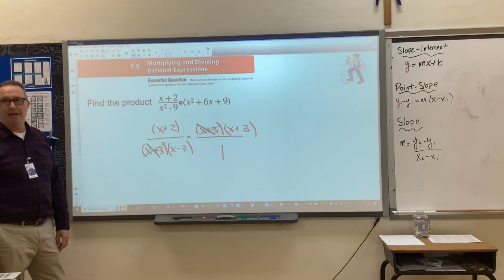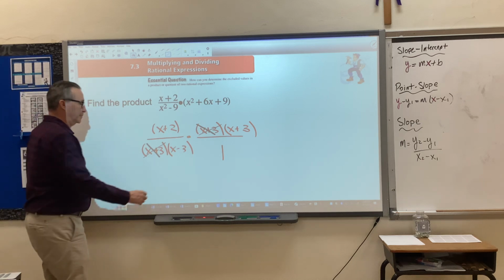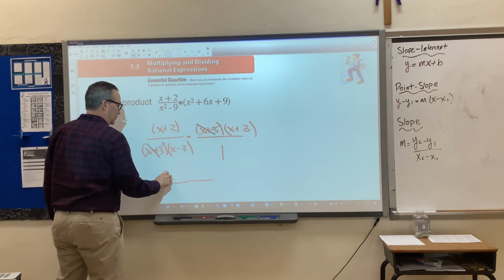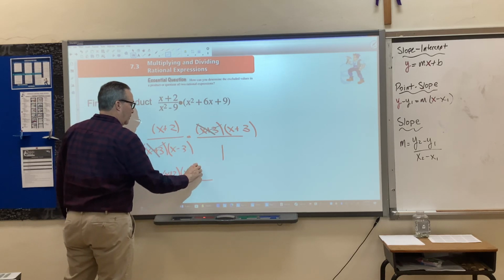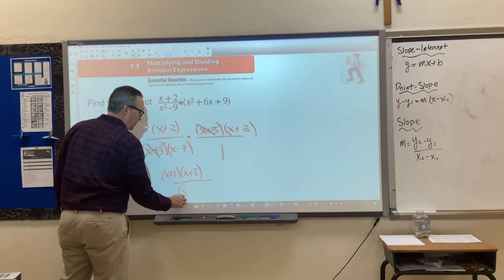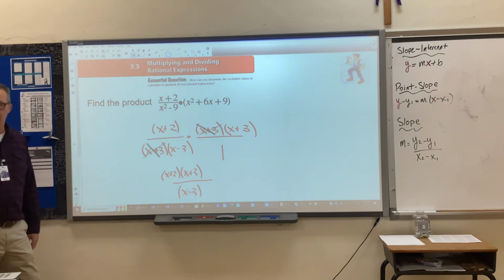Can I cancel anything else? I don't think so, no. So what's left on the top? X plus 2, and then x plus 3. What's left on the bottom? x minus 3. Is there anything we can cancel?